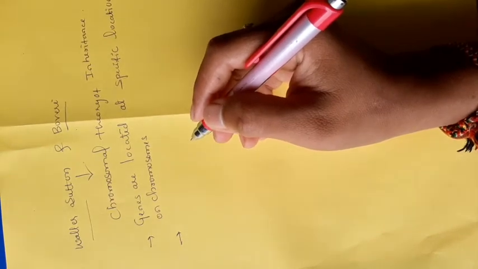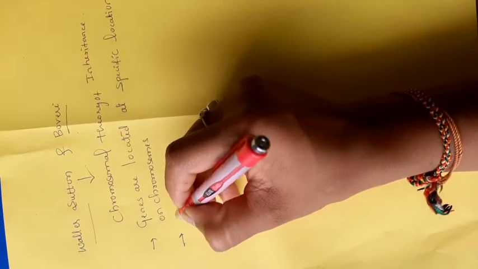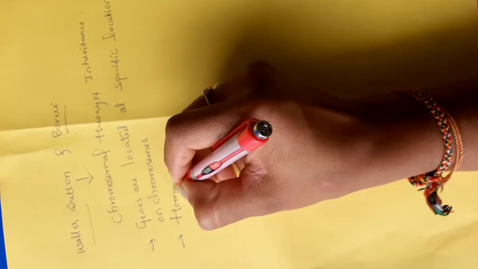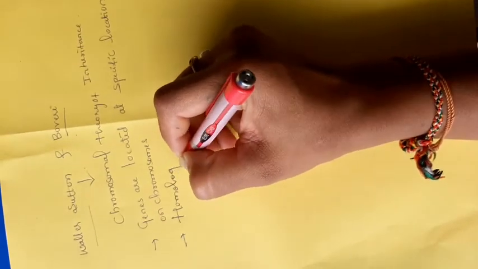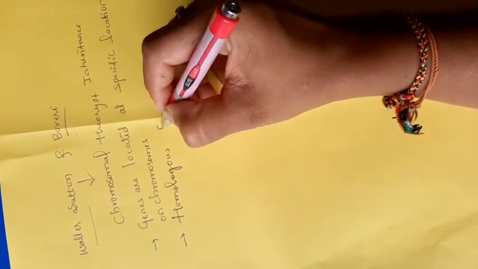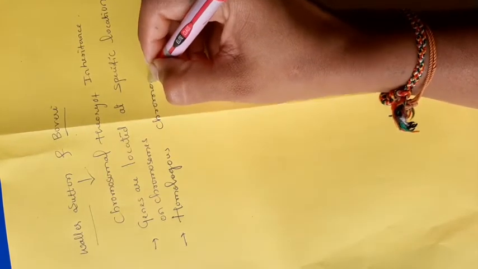Homologous chromosomes separate during meiosis. Let me write all the points, then I will explain each and every point.